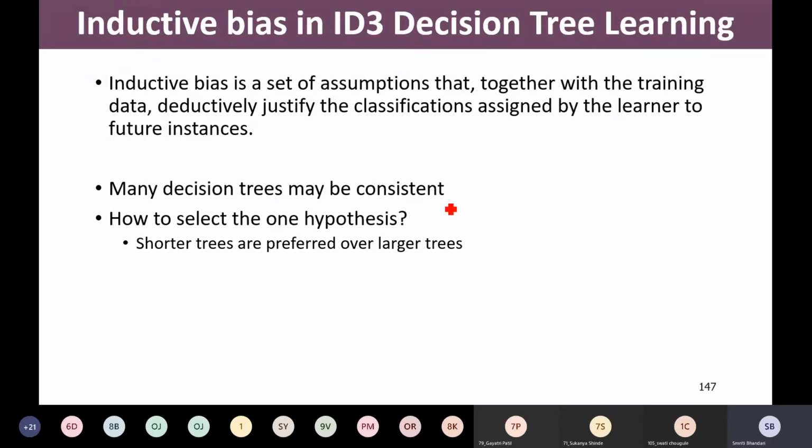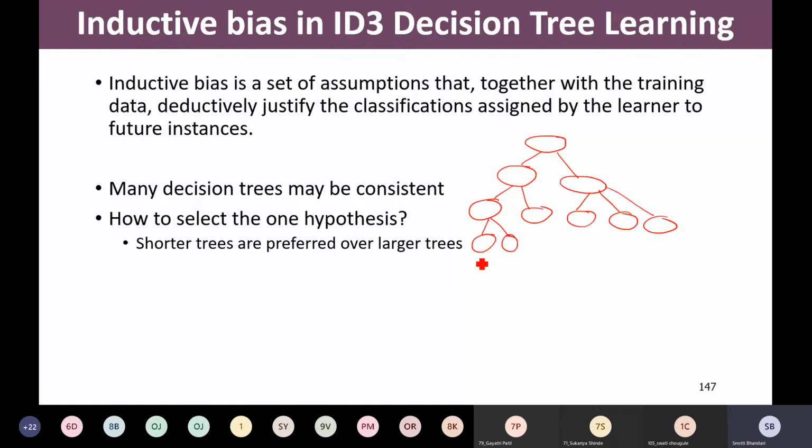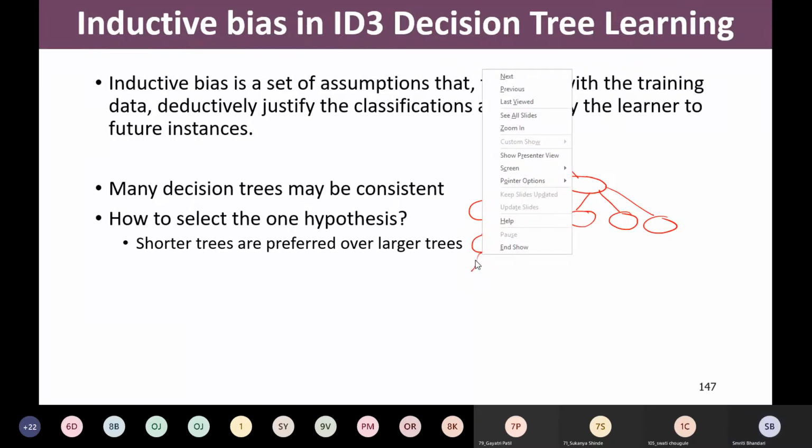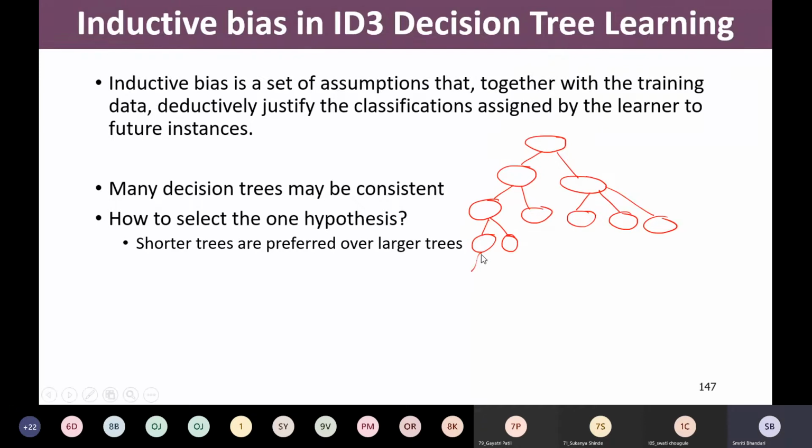What we mean by this? See, we have seen how our decision tree looks like. Suppose we are having this tree. So here we are having the leaf node.